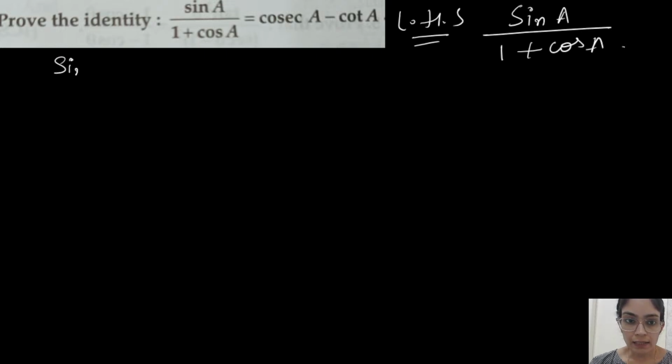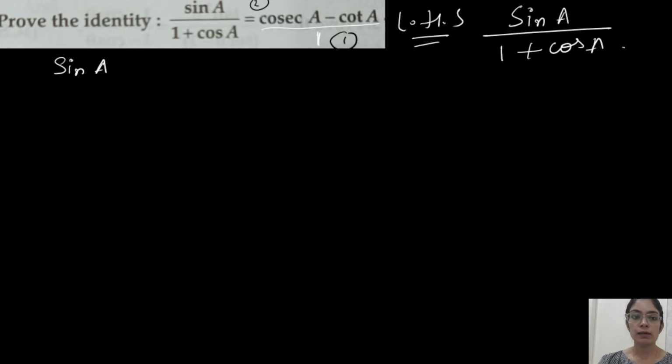So sin A by 1 plus cos A, rationalize the denominator. Yes, we can rationalize the denominator, because this is 1 plus a trigonometric ratio, and with this type of expression you can rationalize. Moreover, in the right hand side the numerator has two terms and the denominator has only one term, that is 1.